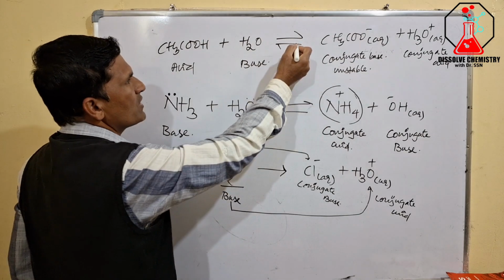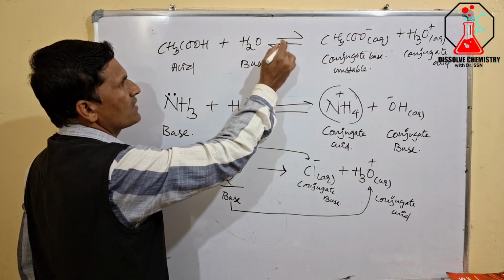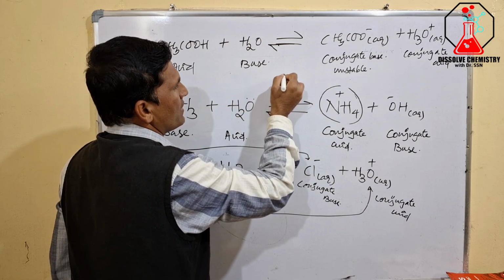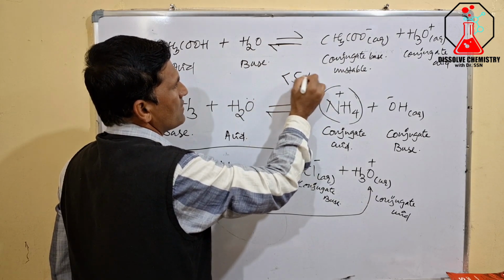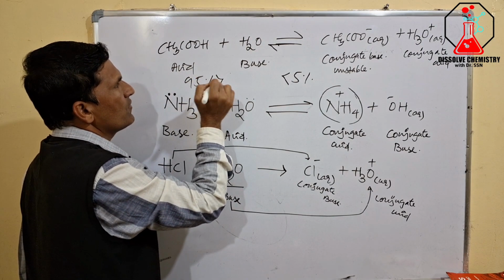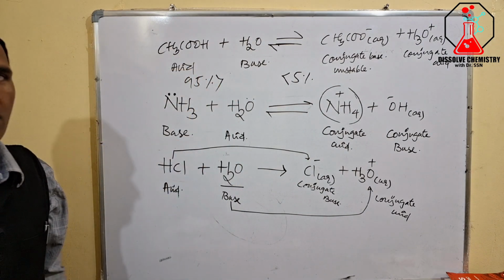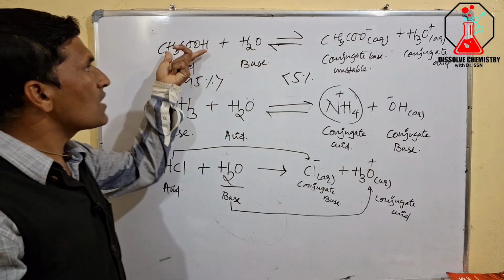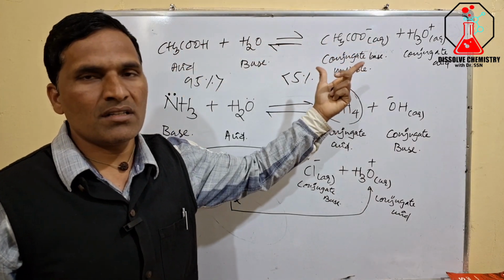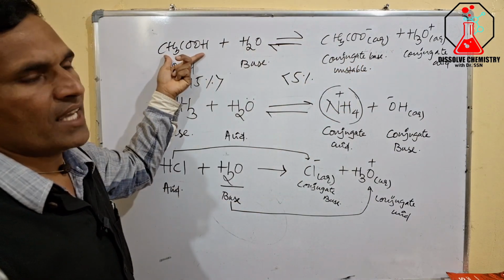Therefore the equilibrium is maximum shifted in this direction. Only less than 5% is dissociated and greater than 95% is in the form of what? Acetic acid. What is the reason for that? Its conjugate base, that is acetate ion, is least stable. So therefore it is a weak acid.